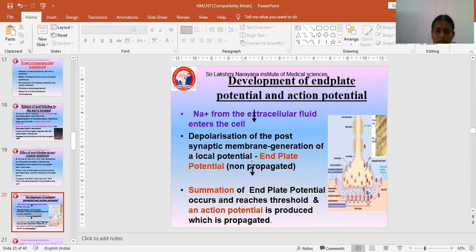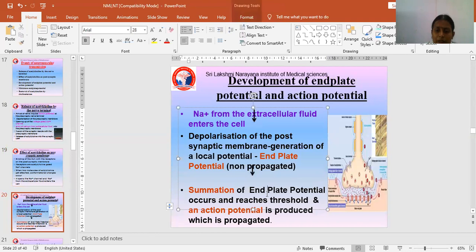When the end plate potentials are summed up and reach the threshold level, they produce an action potential. The action potential is propagated.